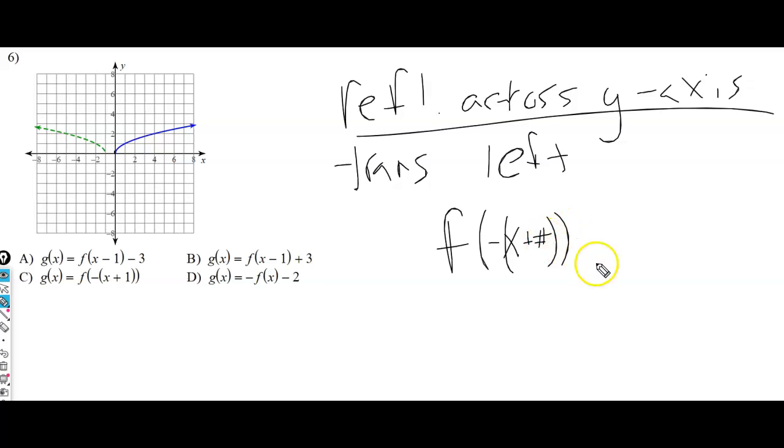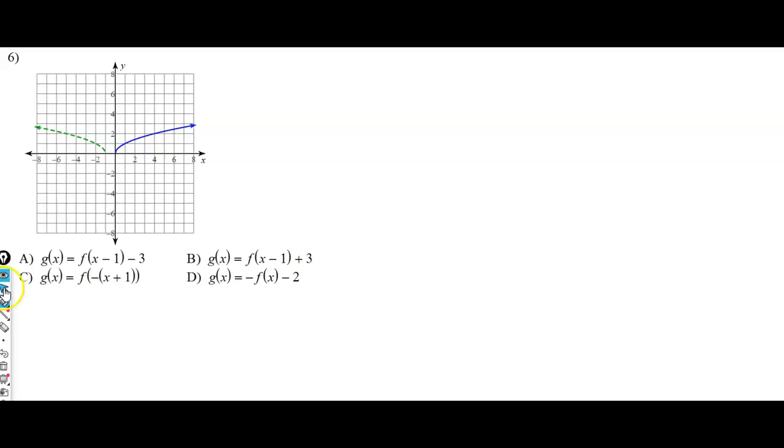So we're looking for a number being added to my x, but there's a negative outside in front of the x there. And which one of these matches that? It would be option C.